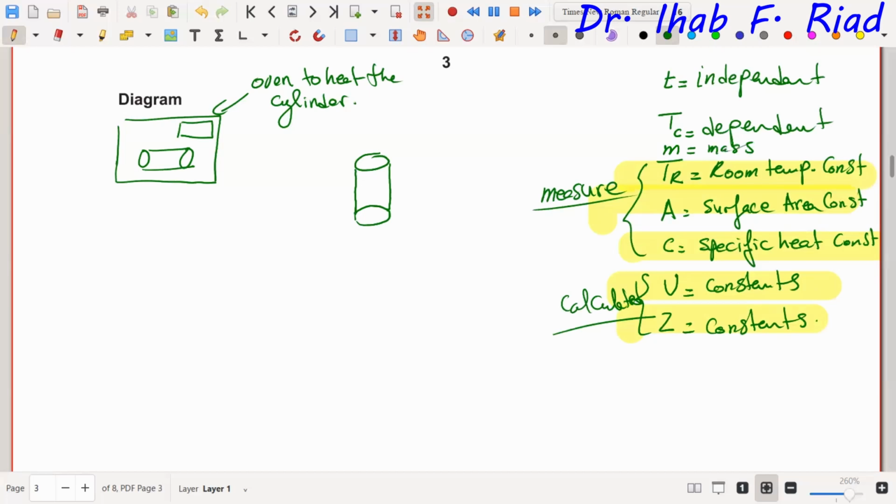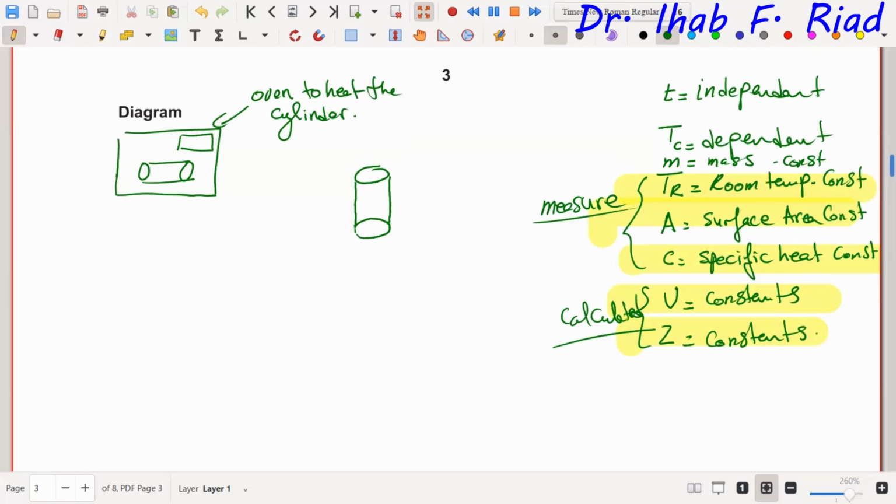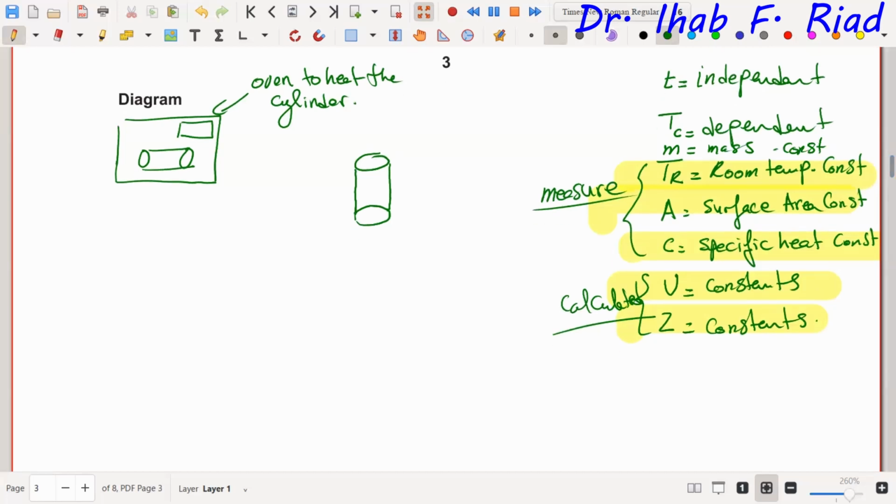Yes. So what are we going to use for the mass? A balance. Okay, what else? For T, we can use the stopwatch to measure time. Okay, I think we are almost done.